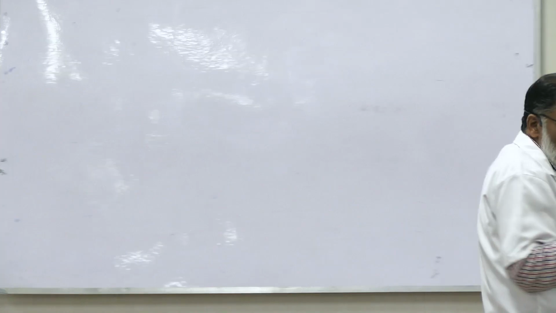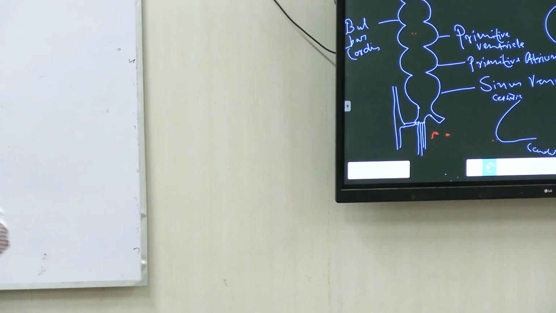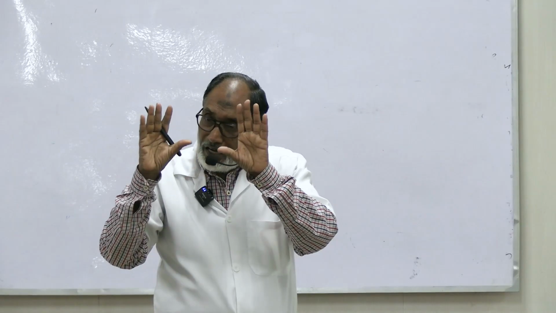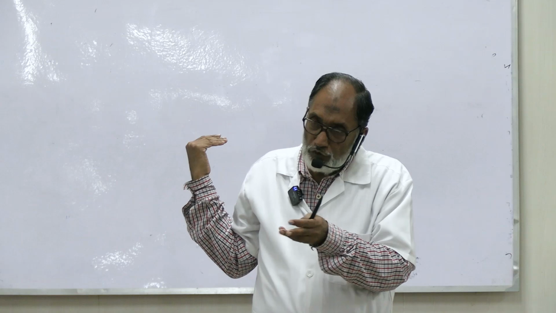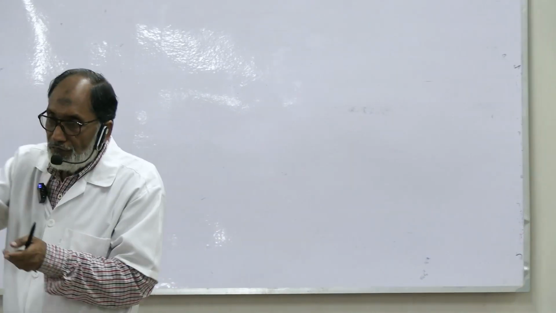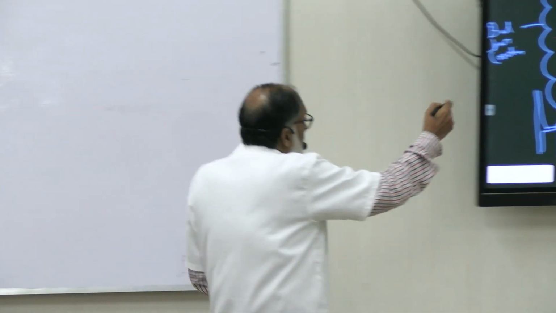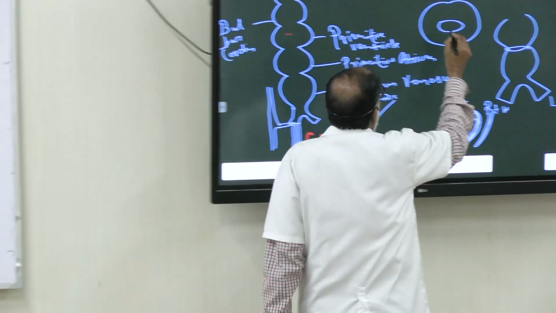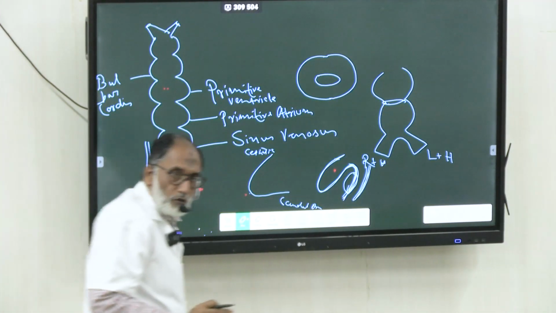Now the main part is you should know that much: the right atrium communicates with the sinus venosus through an opening. That opening first lies at the central part here, and it will become elongated transversely. Now what will happen?